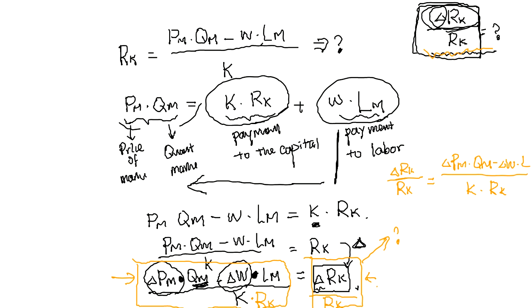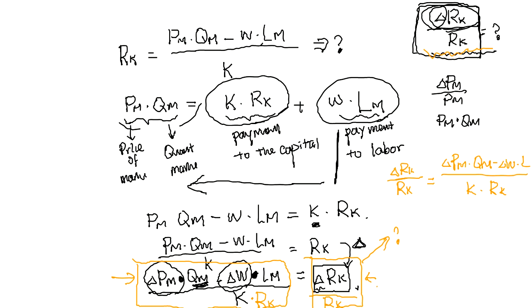Okay, so what's the next step? Try to use some of the information I know in the question, right? So in the question, I know this term. And I also know this term. The total sales, the revenue of the manufactured goods, right?